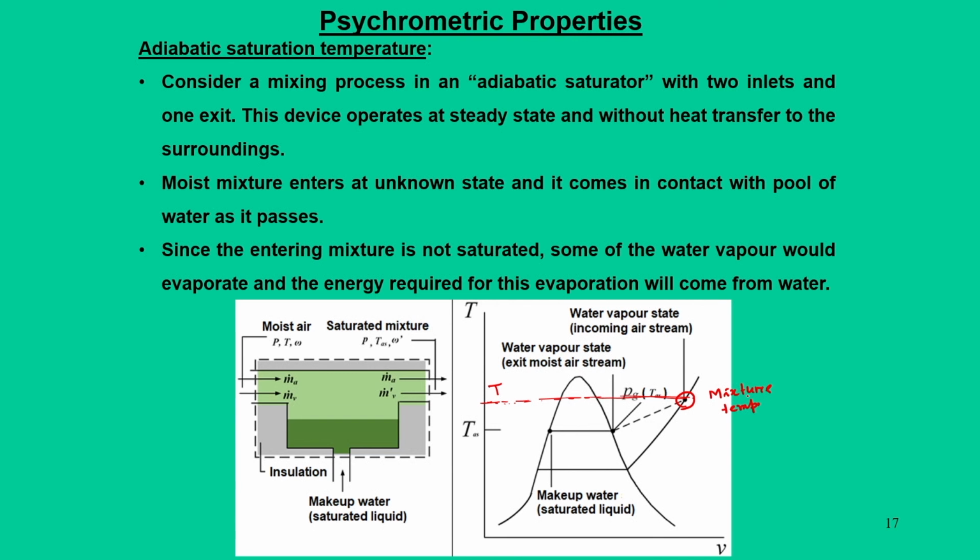Normally this mixture temperature we call the dry bulb temperature. So, we say T, DBT.